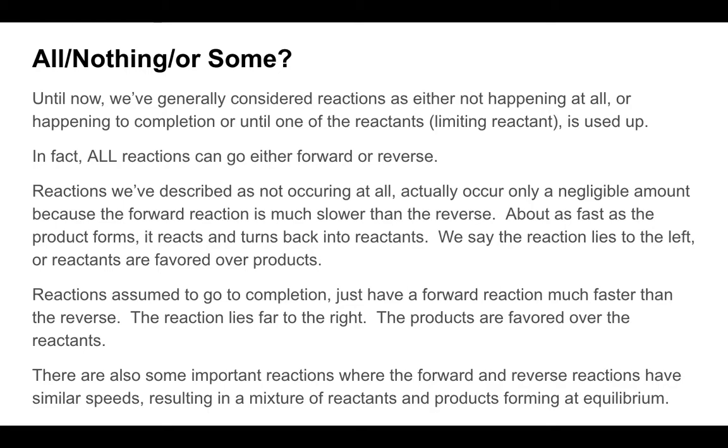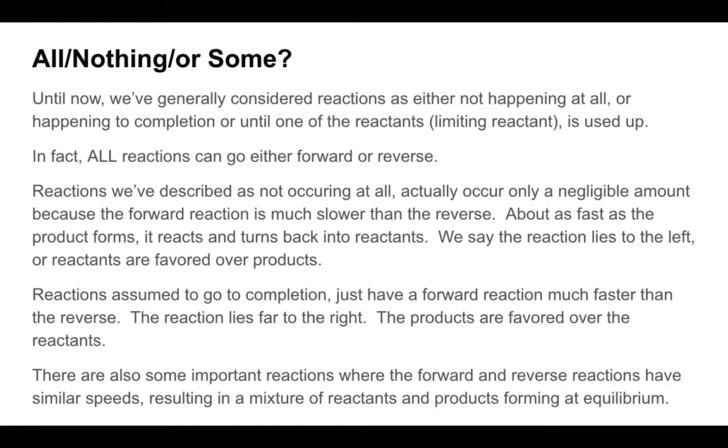So if we now open our minds to the idea of reverse reactions, then we're ready to start talking about equilibrium. Reactions that we've previously described as not occurring at all actually only occur to such a small amount that we say the amount that it goes forward is negligible, and so we say it doesn't occur at all. But in fact, it's occurring to a very minuscule amount.